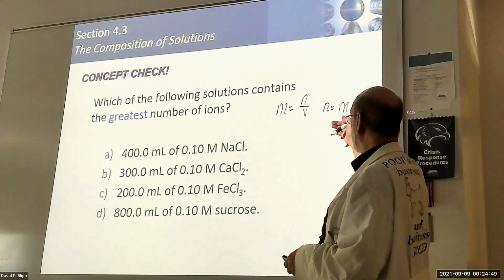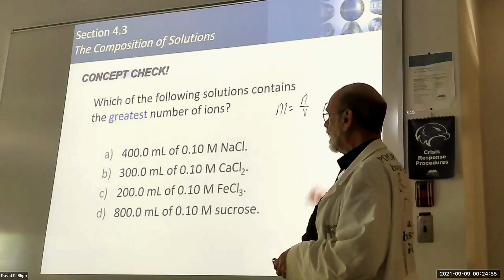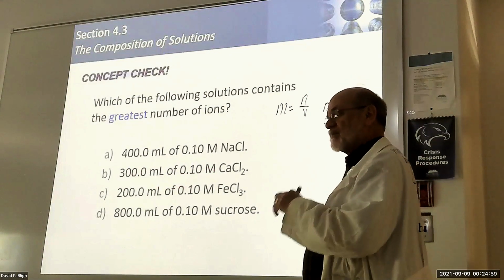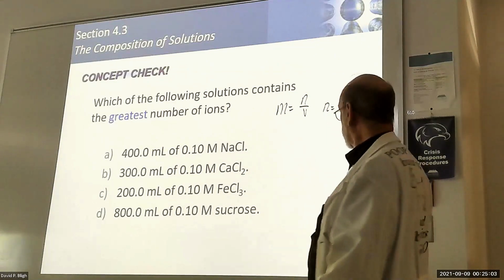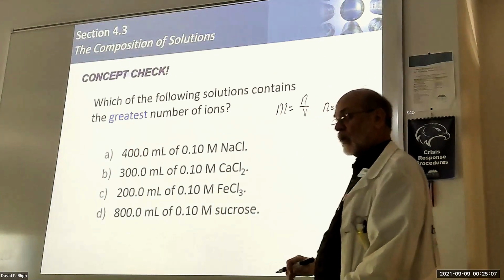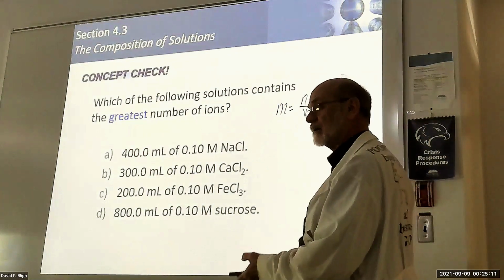But this is supposed to be in liters, isn't it? And that's molarity. Well, guess what? If we're comparing these, the only thing that matters is we have the same units of measure. We could convert 400 mL to 0.4 liters, right? And do the calculation, that's fine.